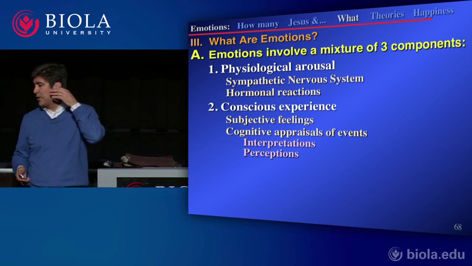And let me show you an experiment in which they tried something pretty cool. What they did was they took people and they injected them with something like epinephrine, an amphetamine type, like caffeine sort of. And their hearts began to race, okay? In these certain cases, their interpretation and perception was different if they were told, you're about to get an injection and it has this in it, and so you're going to start to have this reaction.